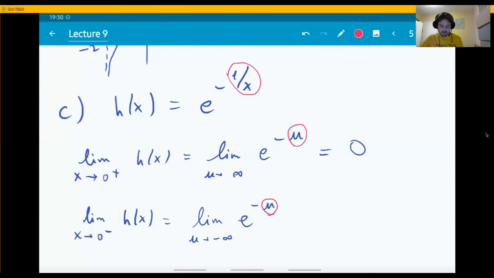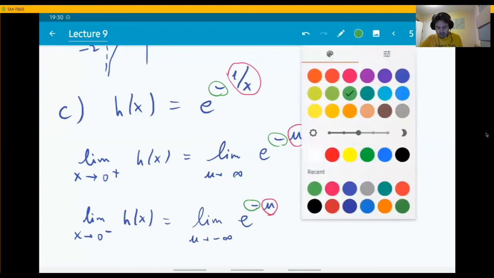So this minus outside of the u is the same from the original function. But when x was positive, this u was going to plus infinity. But now that x is negative, this u is going to -infinity. All right. That's the difference here. And what is this limit now?